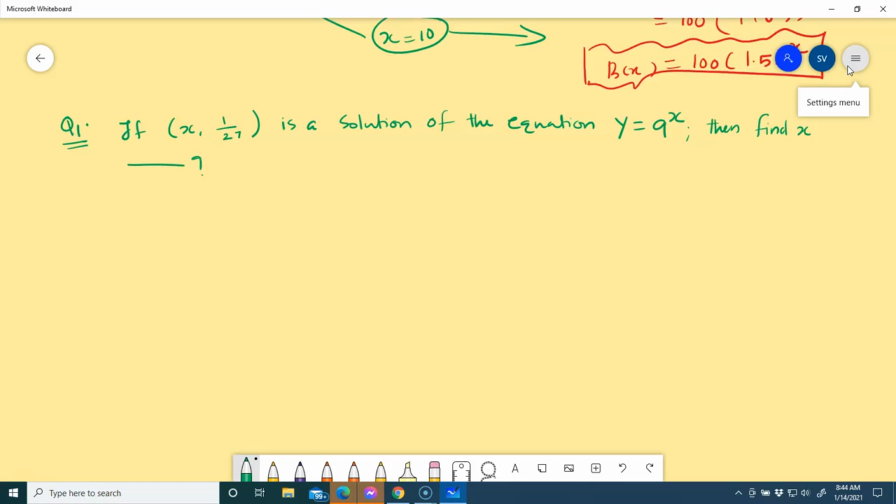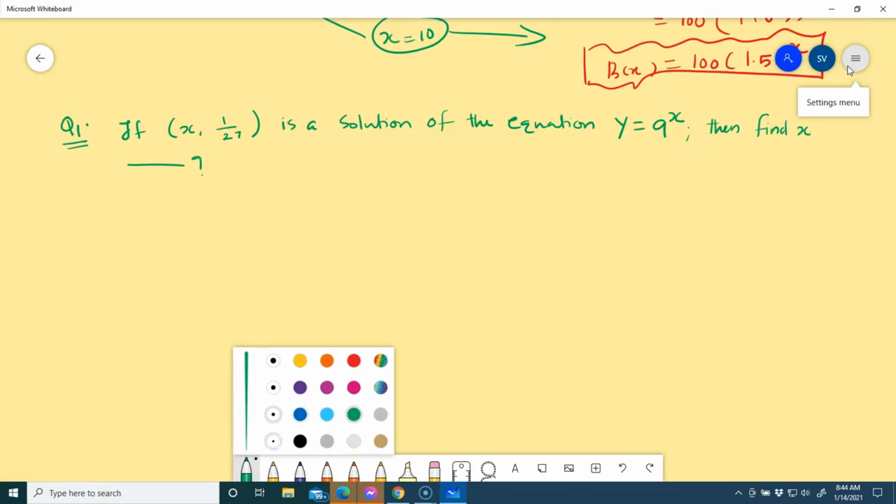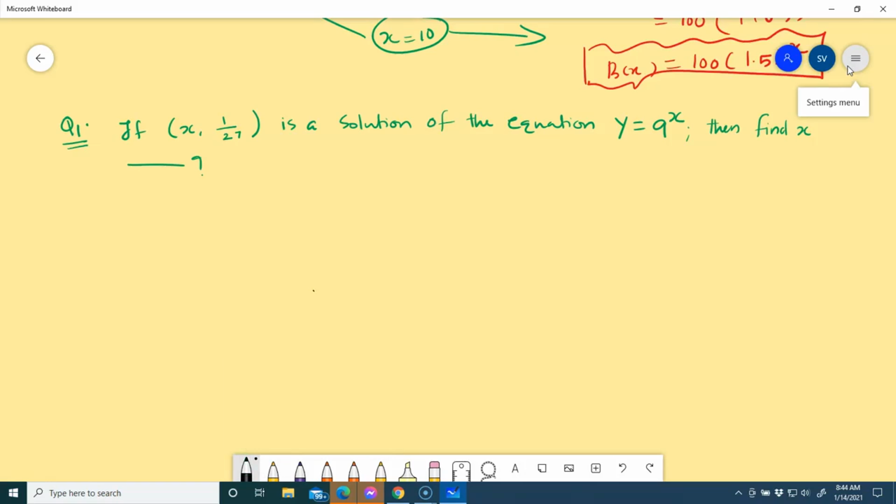You can use the previous knowledge that you earned at this point. So the solution we can start like this: y equal to 9 to the power x, and we actually need to find x.